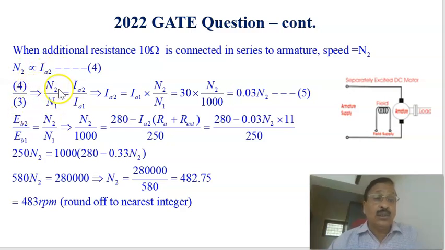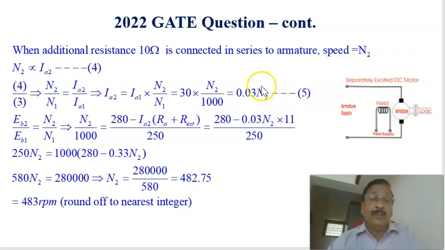Taking the ratio with the third equation, N2 by N1 is equal to Ia2 by Ia1. So the armature current in the second case is Ia2 equal to Ia1 into N2 by N1. N1 is the initial speed, 1000 RPM. Therefore, it is equal to 30 by 1000 into N2, or 0.03 N2.